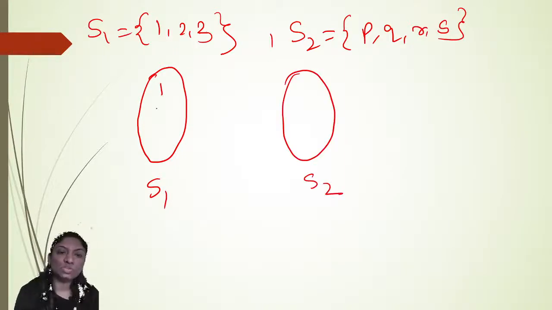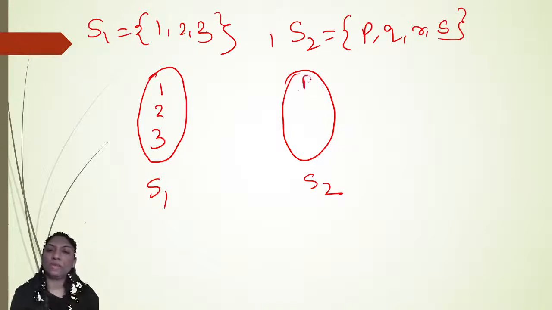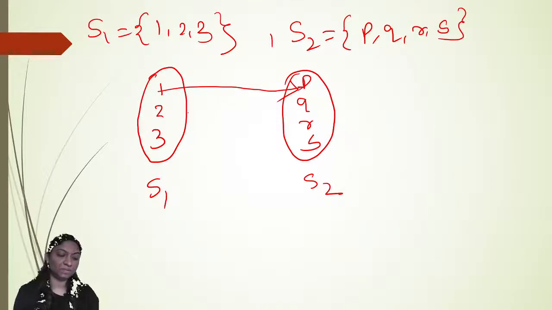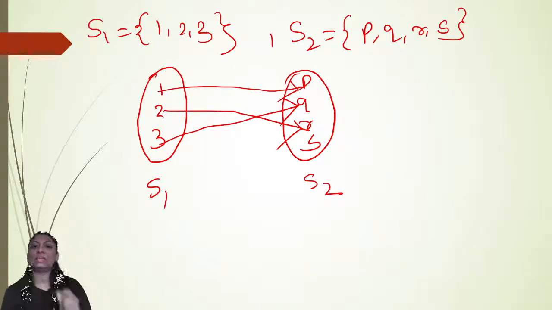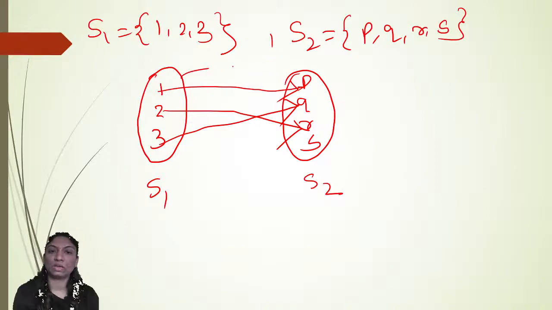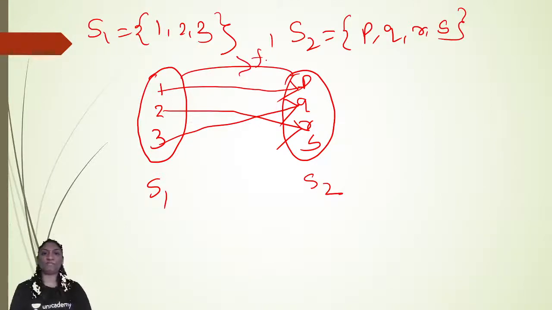Here are 1, 2, 3 and here are P, Q, R, S. Now check whether this is a function or not. See here, 1 has a unique image, that is P. 2 has a unique image, that is R, and 3 has a unique image, that is Q. It means every element of S1 has an image in S2, right? This is your f. It means f of 1 is equal to P, f of 2 is equal to R, f of 3 is equal to Q.